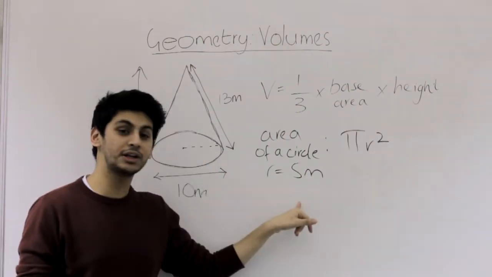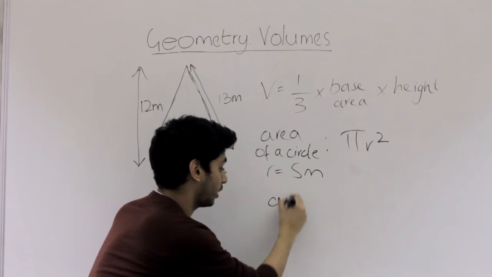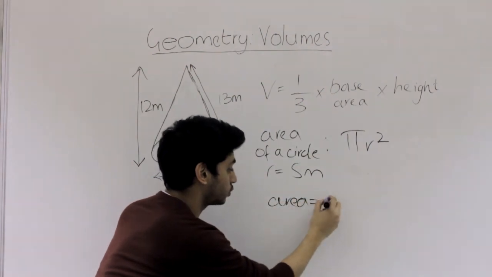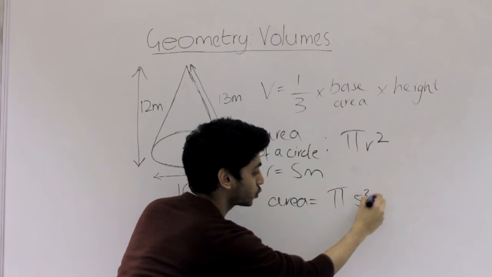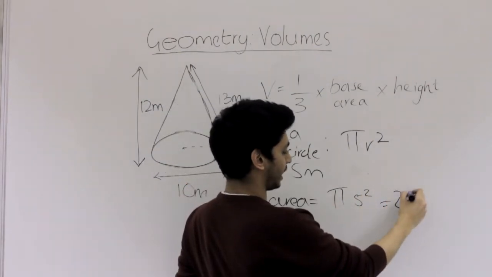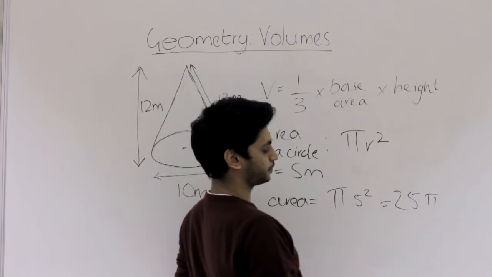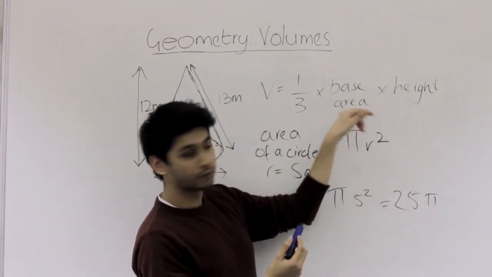So now if we plug this value into our area of a circle formula, we will get area equal to pi times 5 squared. If you plug this into your calculator it will probably give you something like 25 pi. I would suggest leaving it in this form and then substituting it into your volume formula.